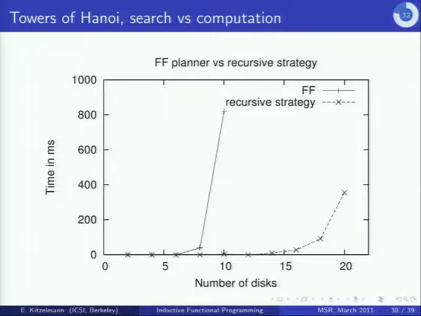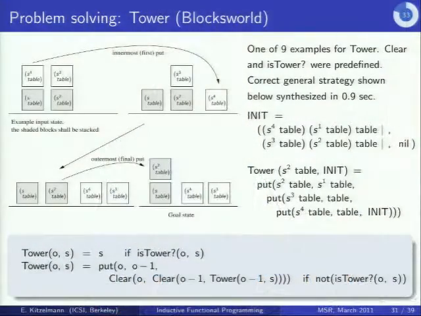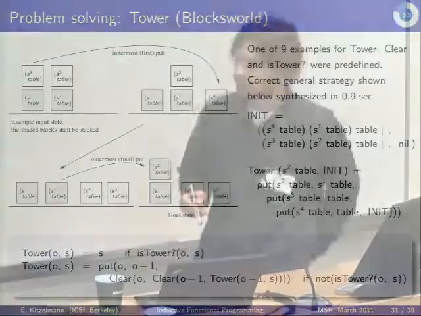Okay. Here's just a plot of searching for a solution for the towers of Hanoi versus computing it with the inferred recursive strategy, to see that it is useful. Okay, here another problem in the cognitive modeling area was building a tower in the blocks world.